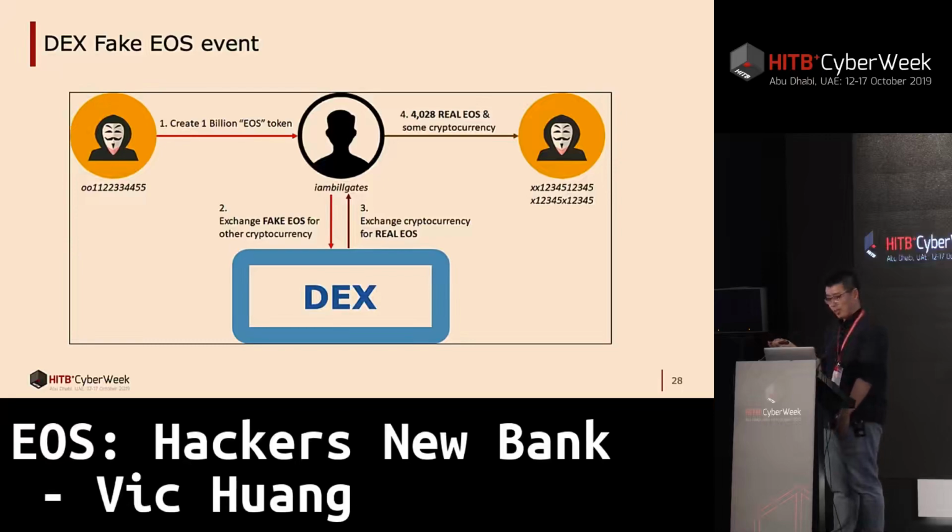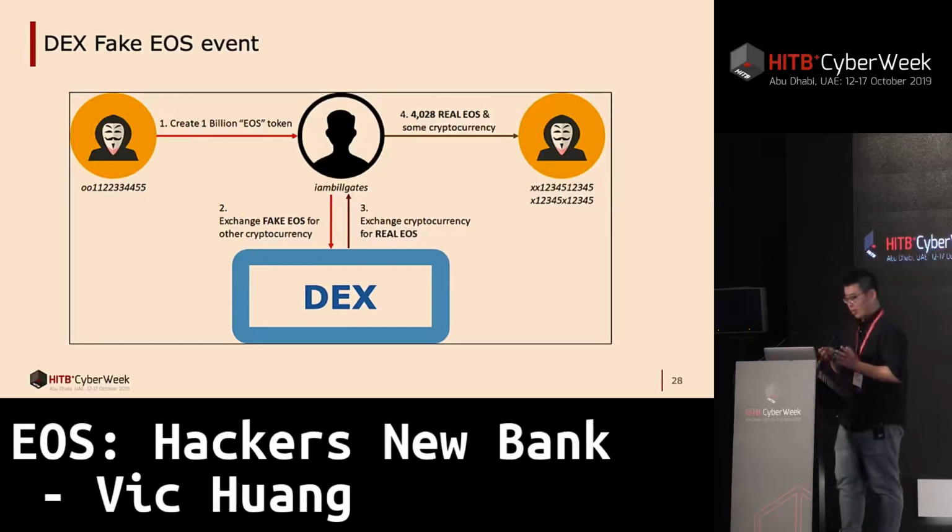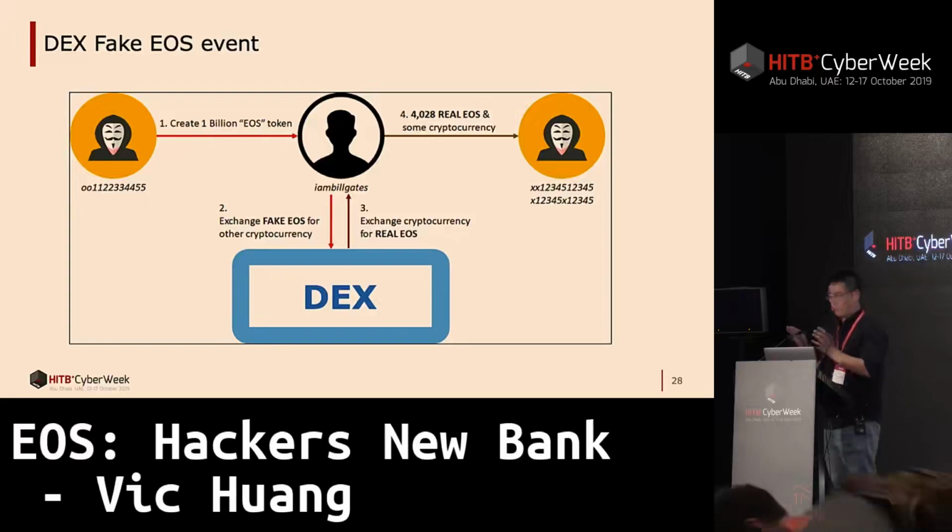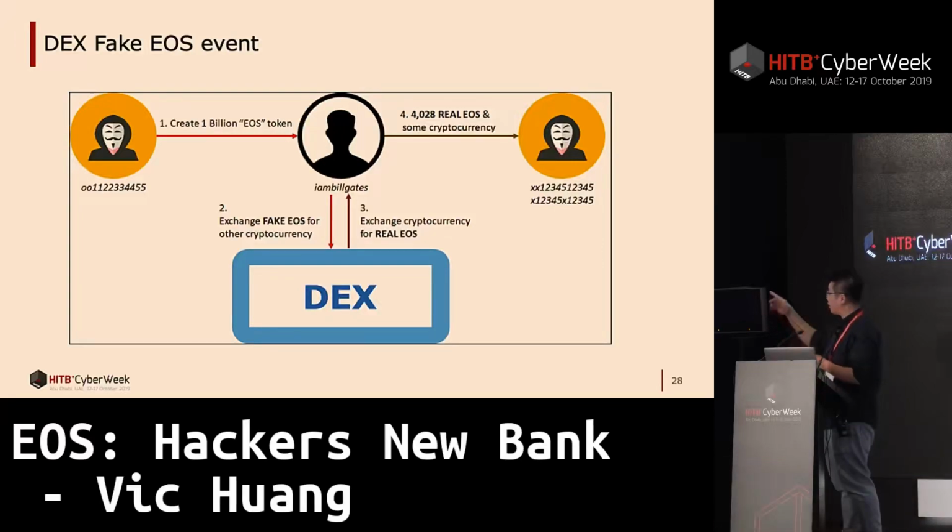The variable is very easy to understand. Hackers create 1 billion EOS, with the same name as the EOS token. It's sent to another account and they try to exchange it for other cryptocurrency in the DEX. And what is a DEX?